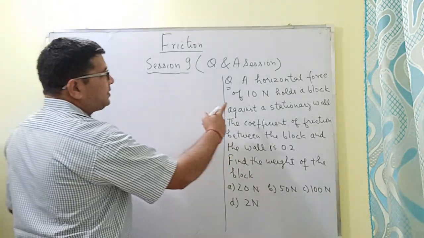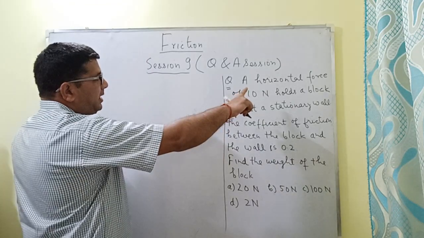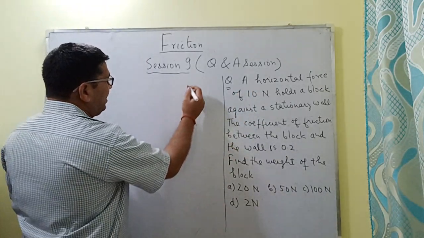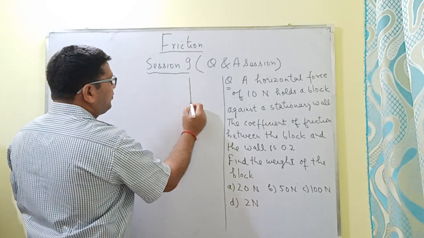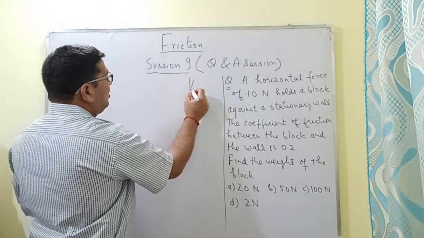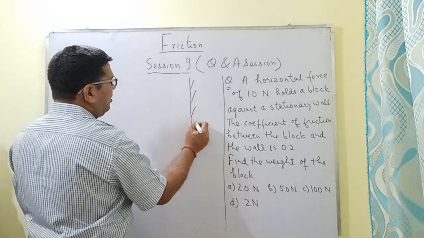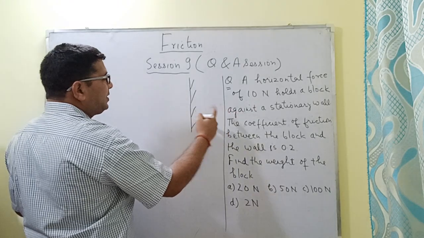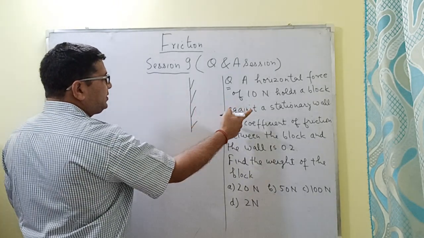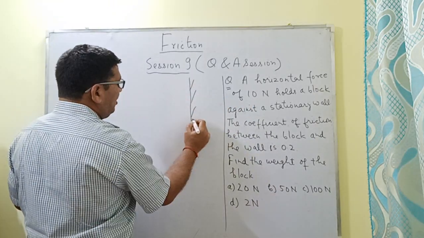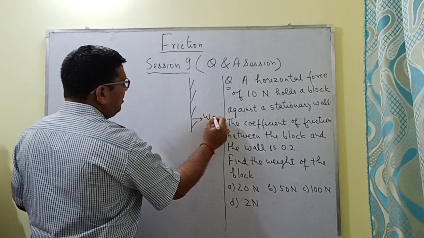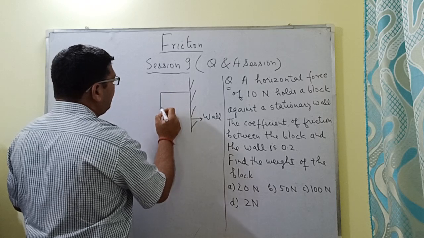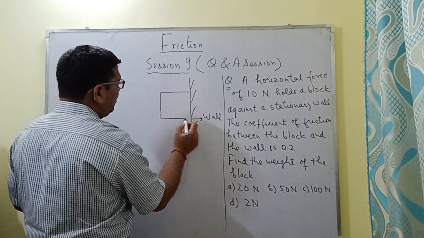So in this question, a horizontal force of 10 Newton is holding a block against a stationary wall. So I am just drawing here. This is a wall, and let us say this is a block.